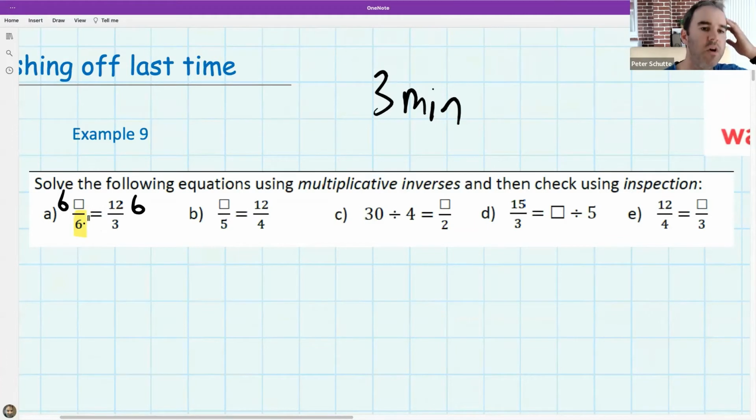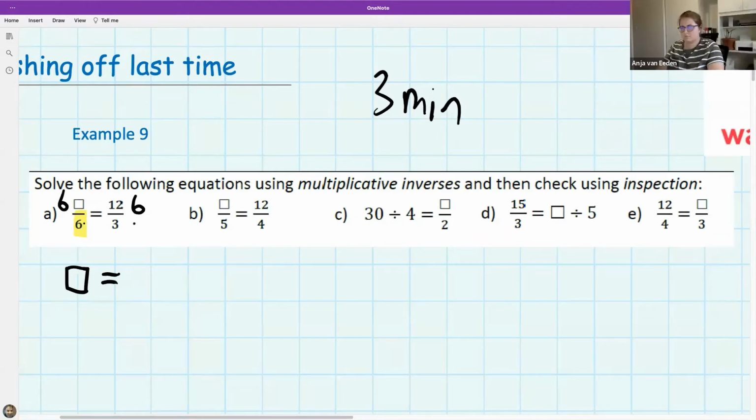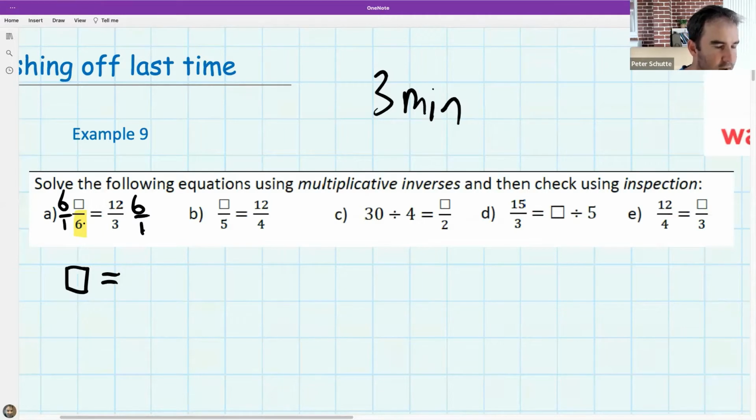And I encourage you to have a look at previous videos if you're not sure about that, because it really does work. If you multiply both sides by 6, what you get on the one side is essentially just the square by itself. And then on the other side, sometimes a useful trick is if you're multiplying by 6, 6 can be written as 6 over 1.